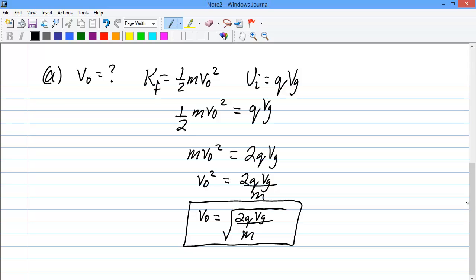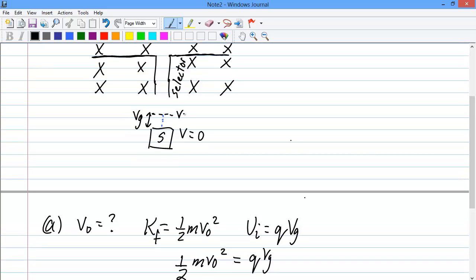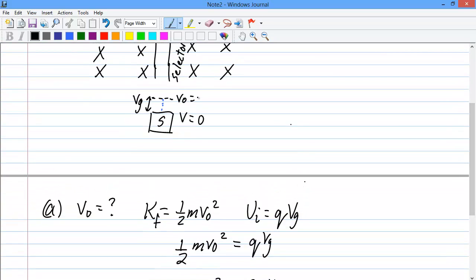And that would give us its velocity at this point right here. So it's been accelerated by the electric potential to a speed of the square root of 2q V sub G over m.